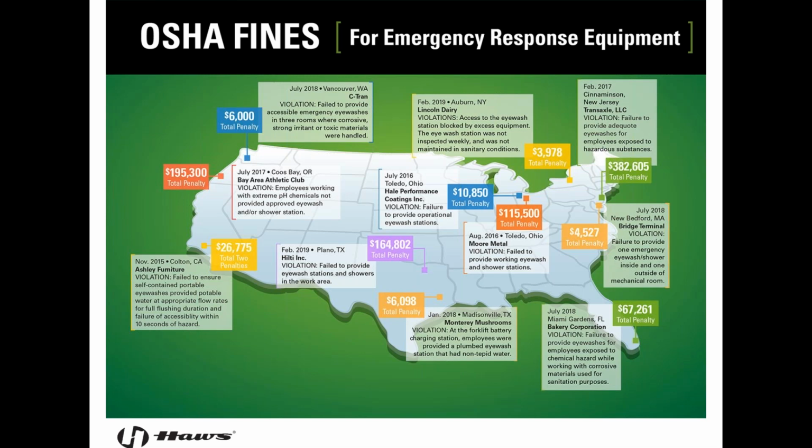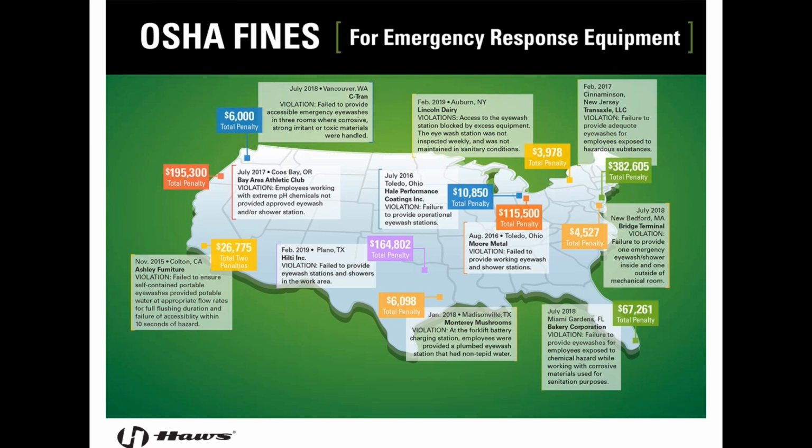So you can see kind of the elephant in the room up on the top right, Transaxle LLC in New Jersey. Their violation was failure to provide adequate eye washes for employees exposed to hazardous substances. They likely just didn't have emergency equipment in place, and it's very likely that this wasn't their first offense. Hence the hefty fine there, almost $400,000.